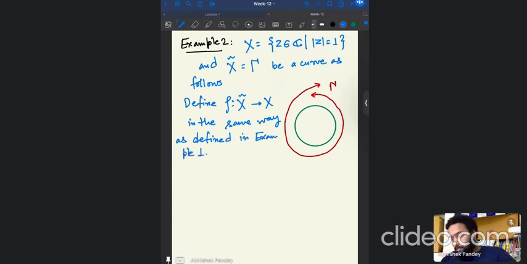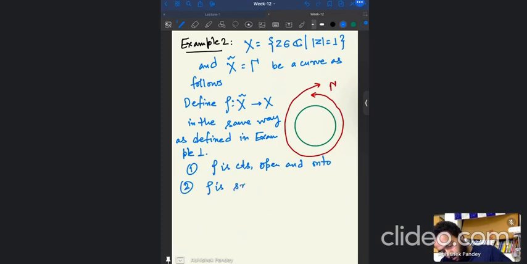Now again first, rho is continuous, also open and onto. Also second thing is rho is a smooth covering. This you can check. But now you don't have the lift. How? So the thing here is that let me see this one.